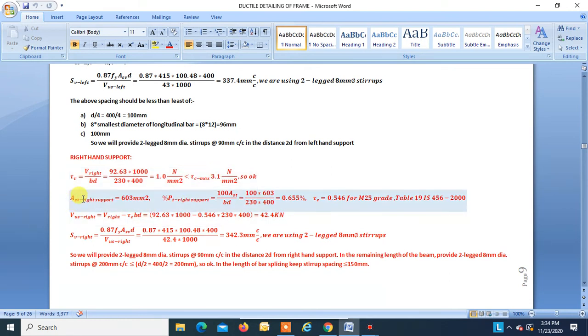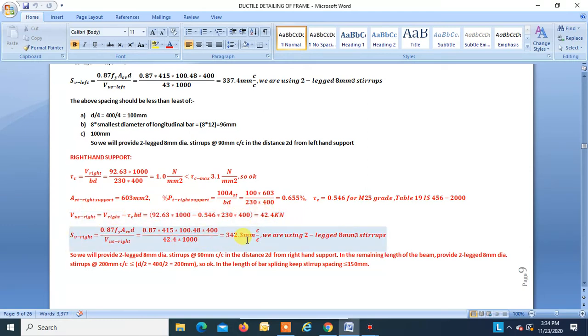AST provided is 603, PT is 0.655, so the corresponding tau C is 0.546, which is less than tau V. So we will have to provide shear reinforcement to take VUS, which is equal to 42.4.